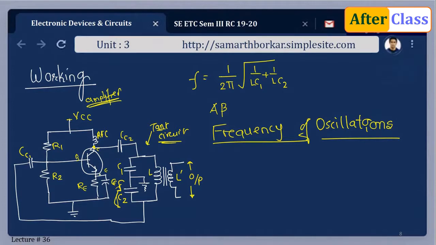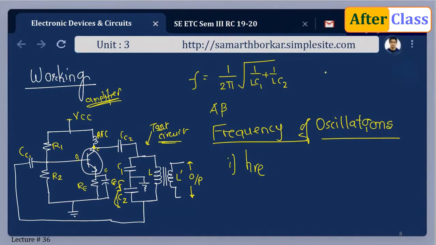For that we need to draw the equivalent circuit with the following assumptions. The first assumption is that the HRE of a transistor is negligible. It is of the order of 10 to the power minus 4, so it's a very small voltage when you multiply with the VCE.